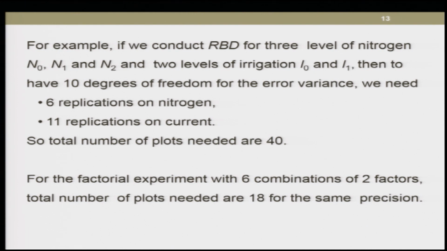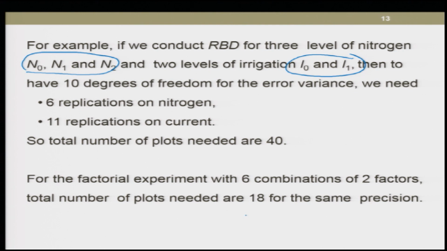So, suppose I have here 3 levels of nitrogen, the same thing that we had considered in the earlier lecture in the example. So, there are 3 levels N0, N1 and N2, and there were 2 levels of irrigation I0 and I1.